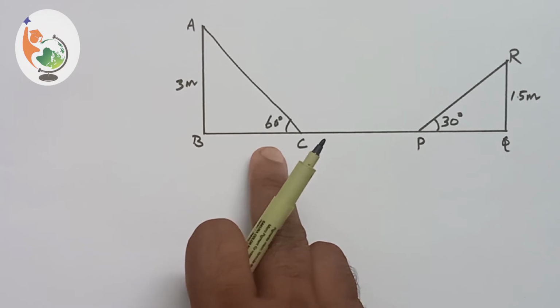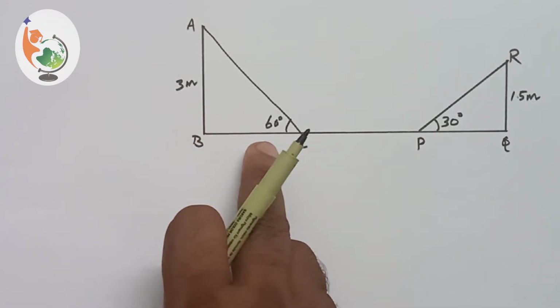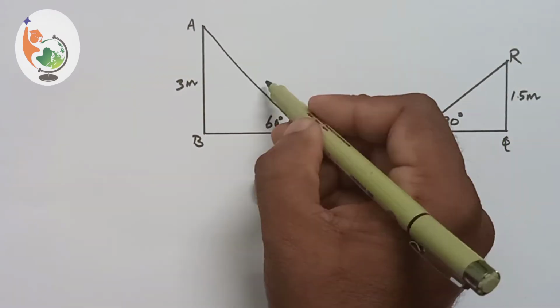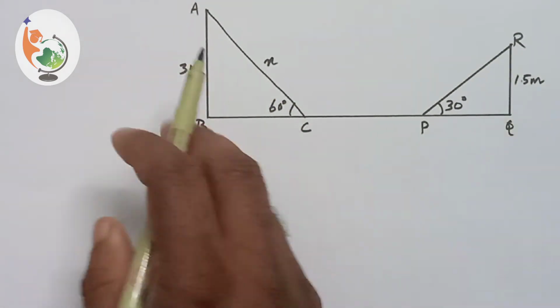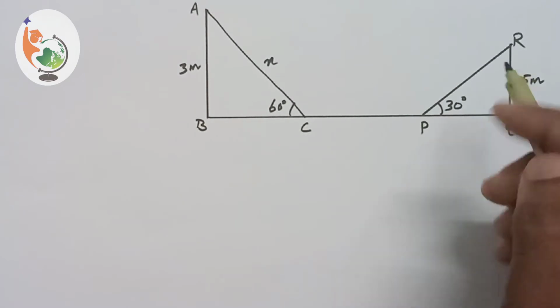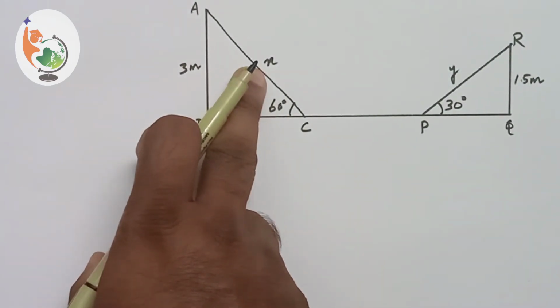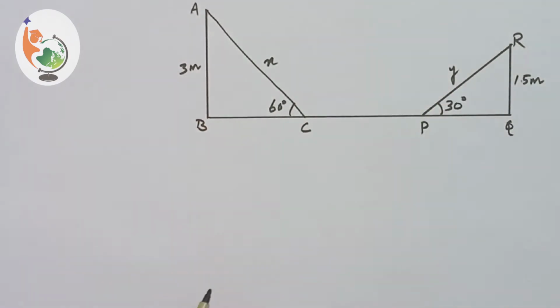The angle of inclination of the slide for the elder children is 60 degree, for the younger children 30 degree. Let us take X as the length of the slide for the elder children and Y for the younger children. So we have to find the length AC and PR, that means X and Y.